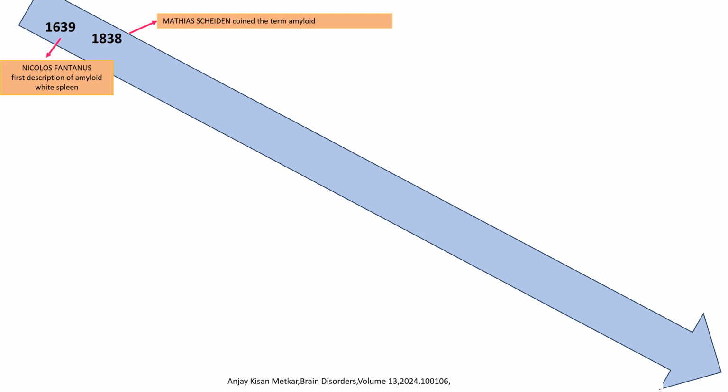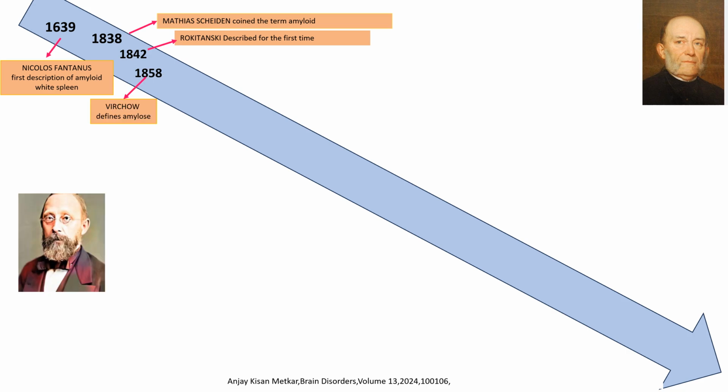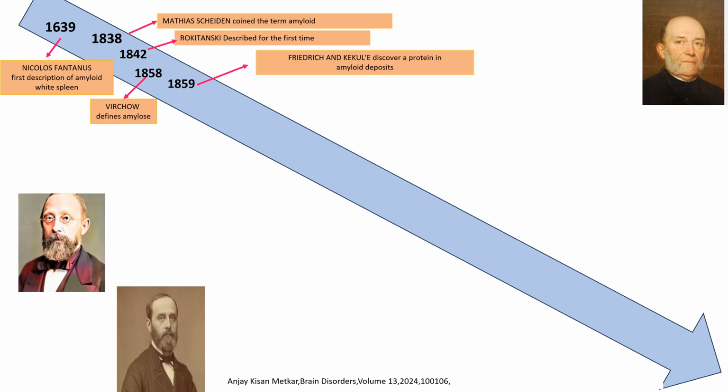In 1838, Matthias Schleiden coined the first term of amyloid. In 1842, Rokitansky described it for the first time. Virchow defined amyloid.